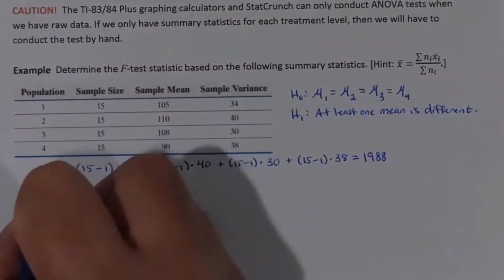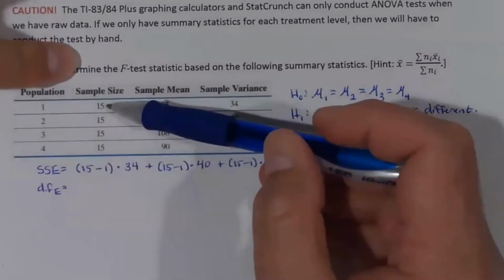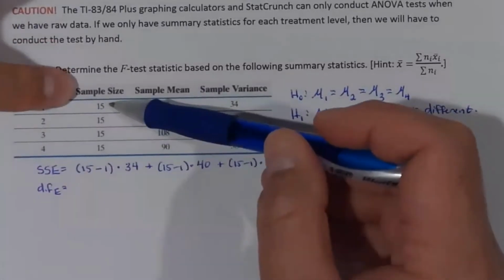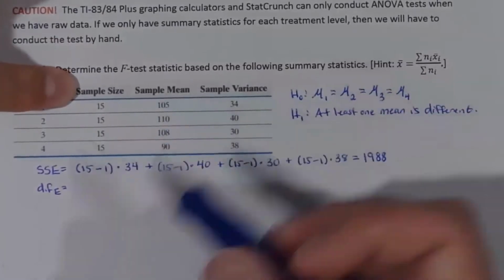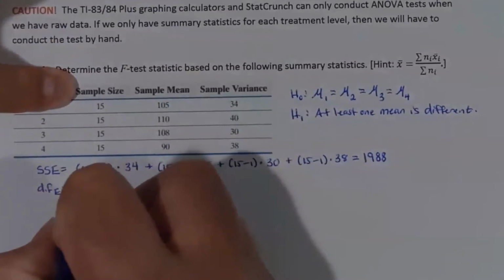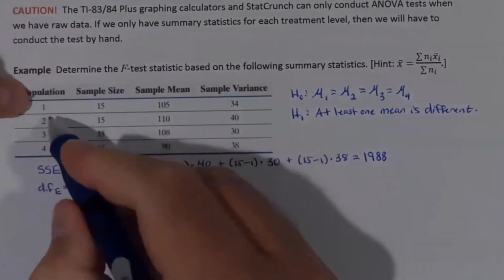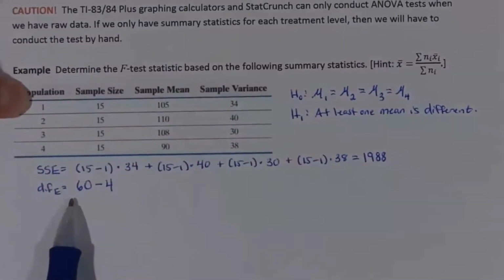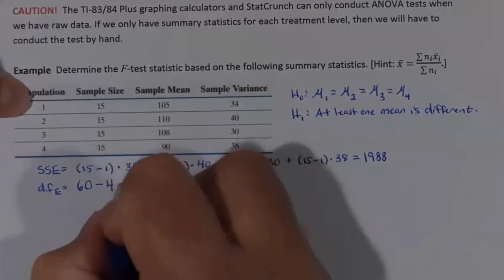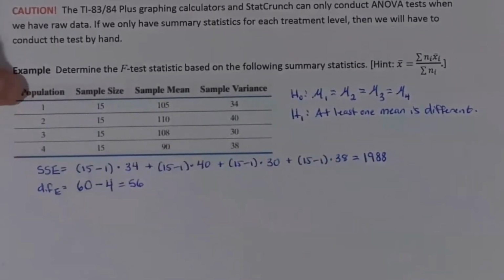Now altogether, we have 60 data values. We have 15, 15, 15, 15. So there are 60 data values altogether. So that's what n is. Minus, there are 4 different categories. So that's what k is. So 60 minus 4, which is 56 degrees of freedom due to error.